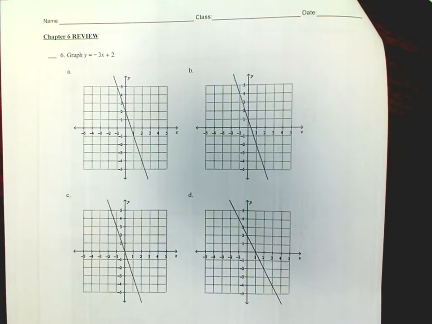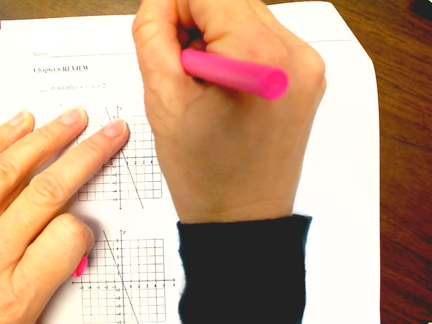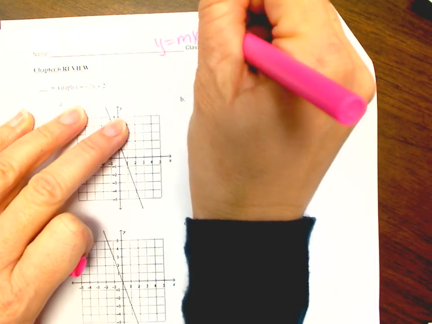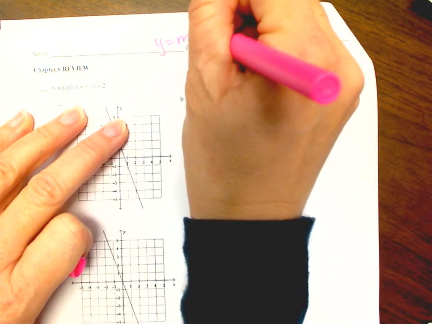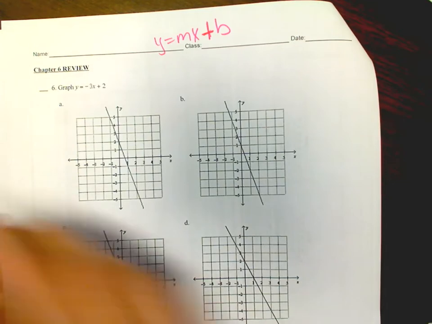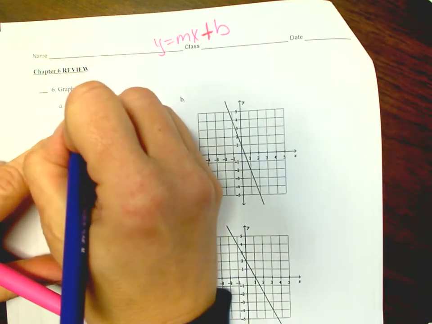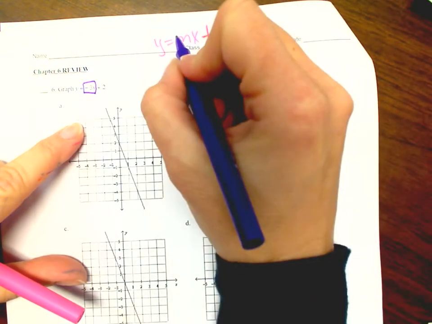Number 6. Graph y equals negative 3x plus 2. Okay, remember y equals mx plus b. m would be by your x.